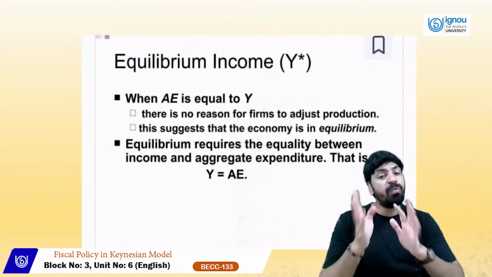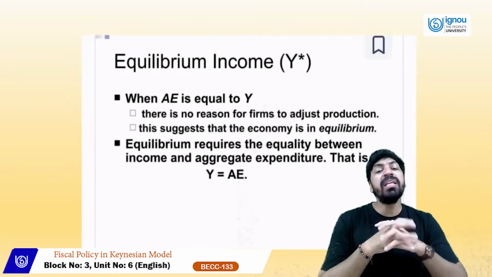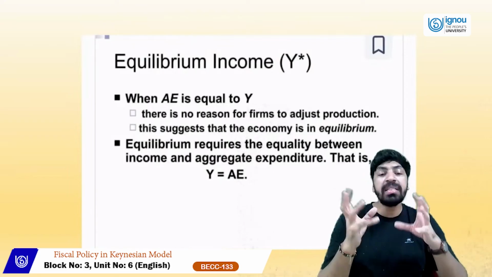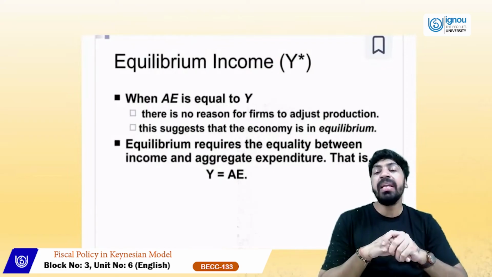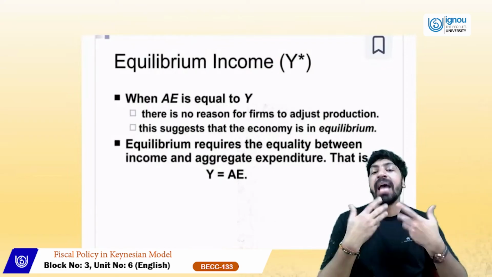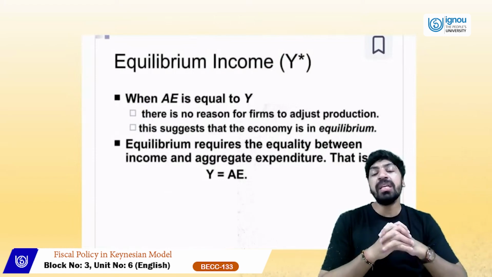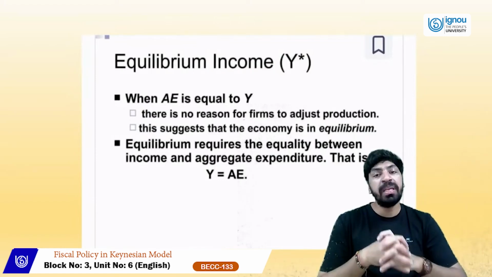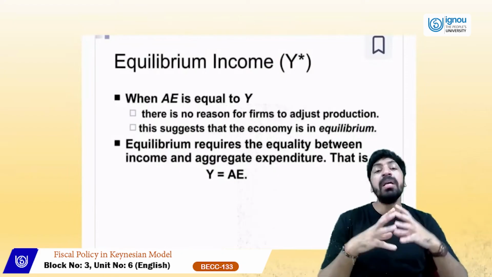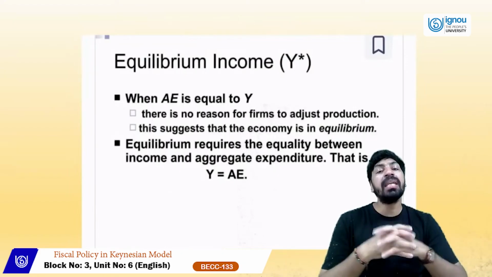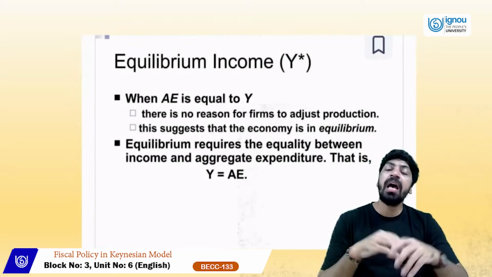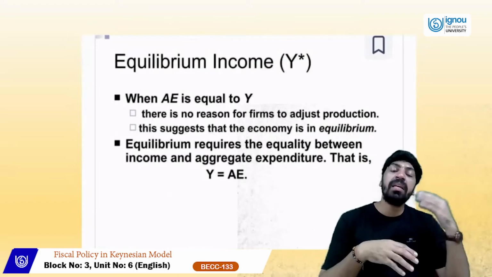In other words, equilibrium can be obtained by having equality between income and aggregate expenditure. That means Y is equal to AE, which ultimately is called the equilibrium income or equilibrium national income level.